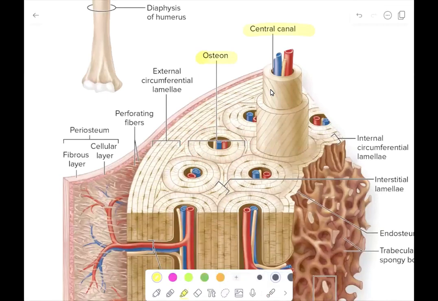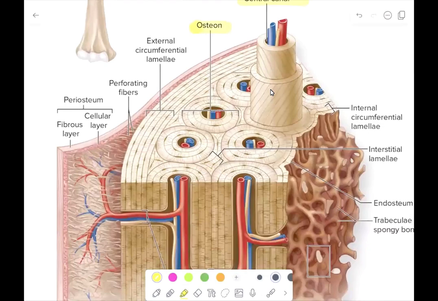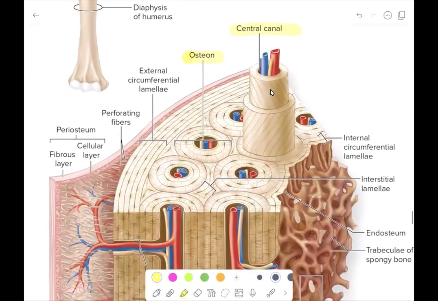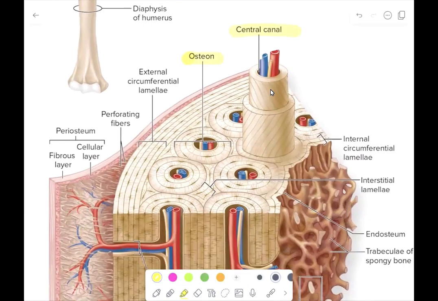You can see brackets, which are showing you the entire shape of one osteon. Surrounding each osteon would be a lamella, and those happen to be called concentric lamellae, which are directly surrounding the osteon. So this would be one concentric lamella. The little spaces are called lacunae. And within those spaces are mature bone cells called osteocytes.